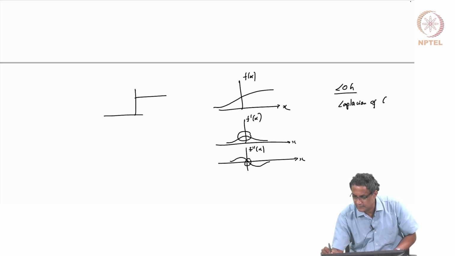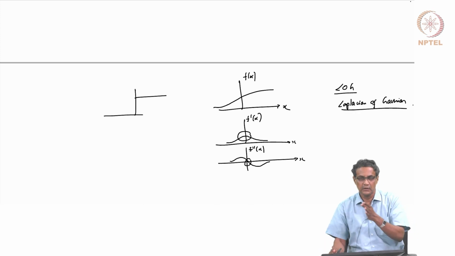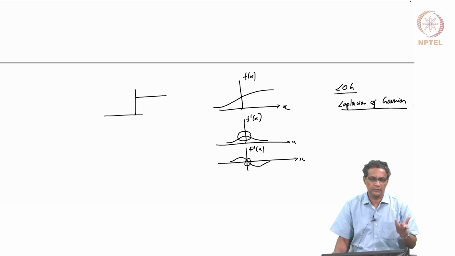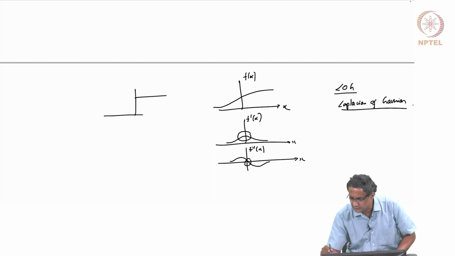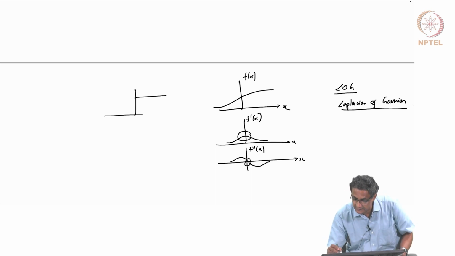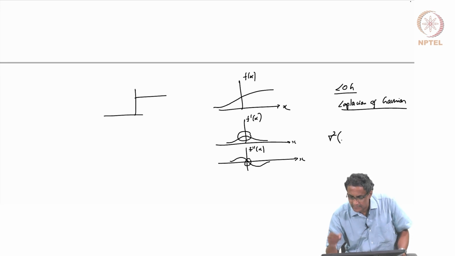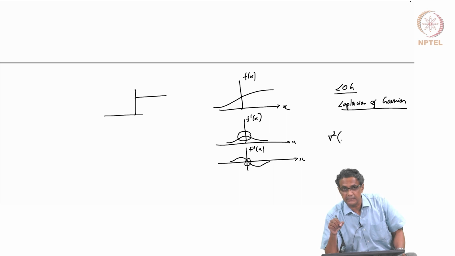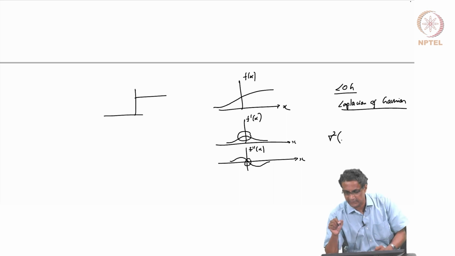Given that this is all a commutative operation, just as in 1D, H1 convolved with H2 is the same as H2 convolved with H1, here also I want to apply del square, my Laplacian, but I'm not going to apply it directly on the image because then it becomes very noisy.